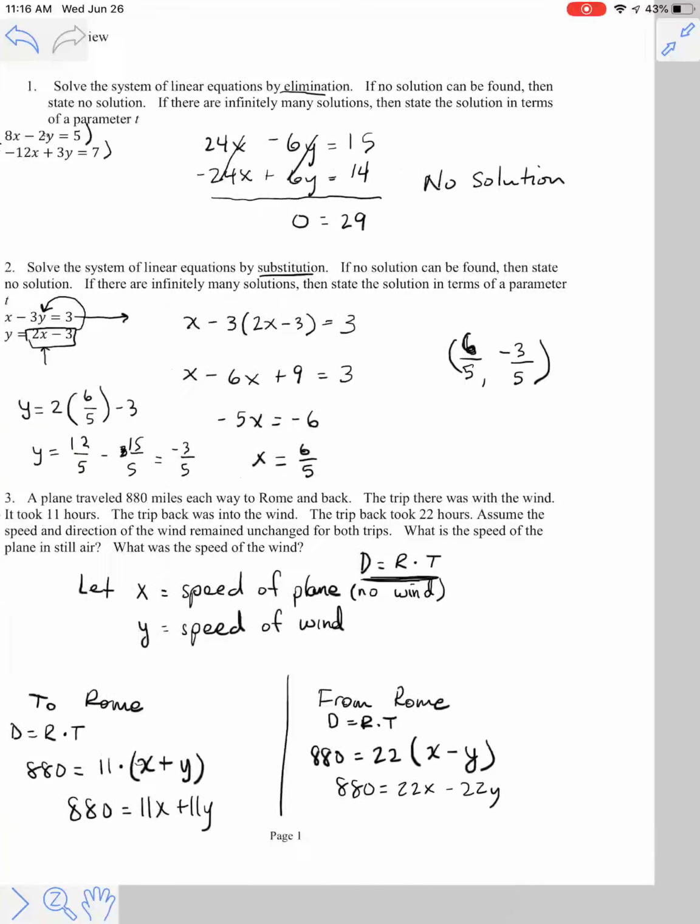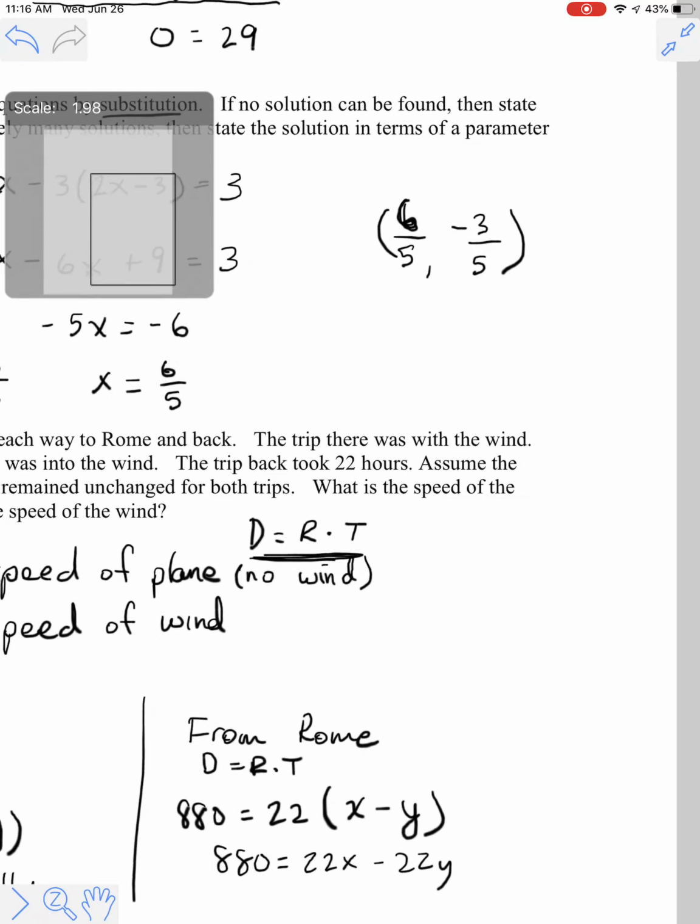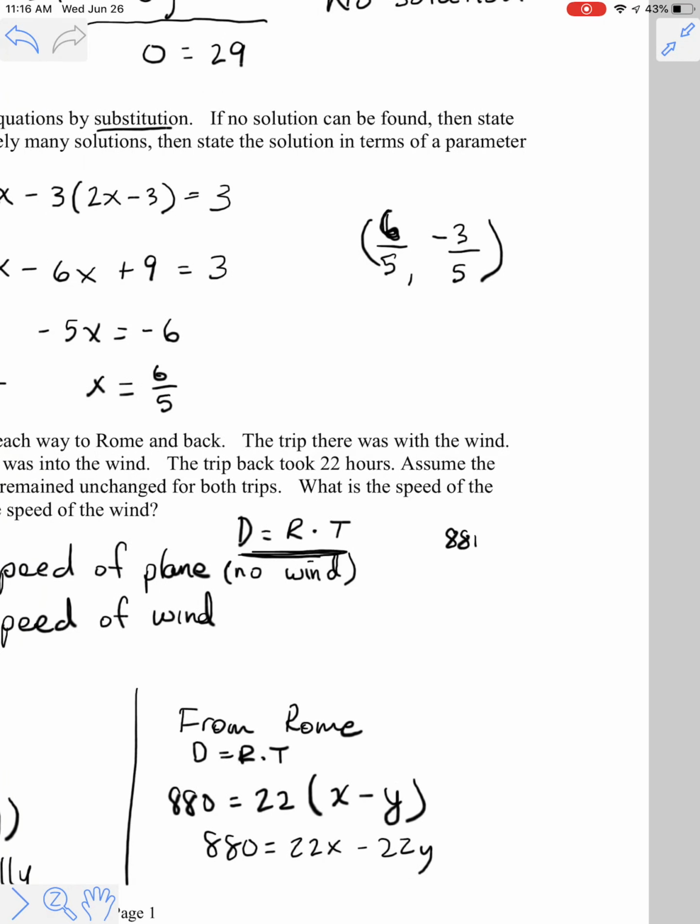So what needs to happen is I combine these two equations and solve it as a system of equations. So 880 equals 22x minus 22y, and 880 equals 11x plus 11y. If I multiply this by 2 and then solve the system of equations using elimination, I'll be able to solve for x.